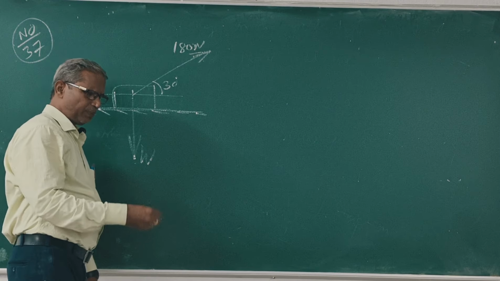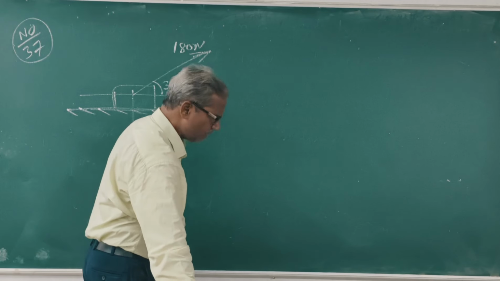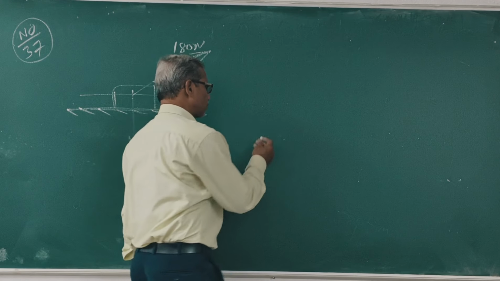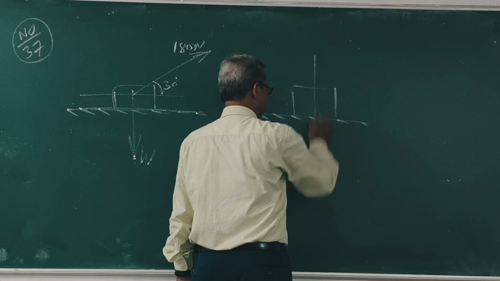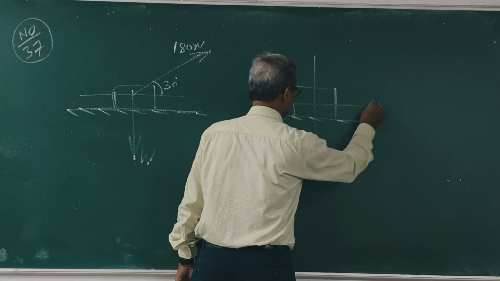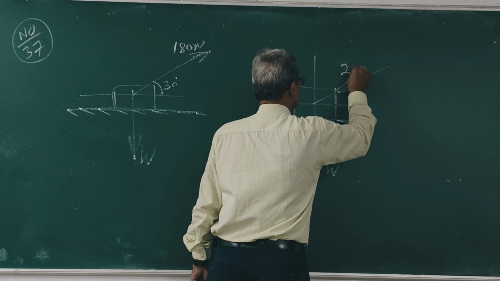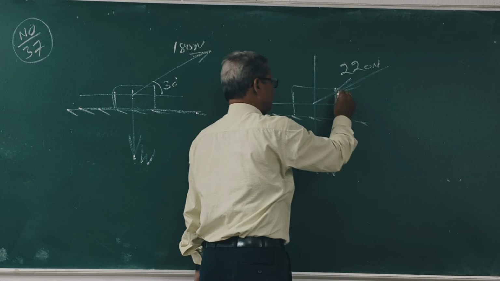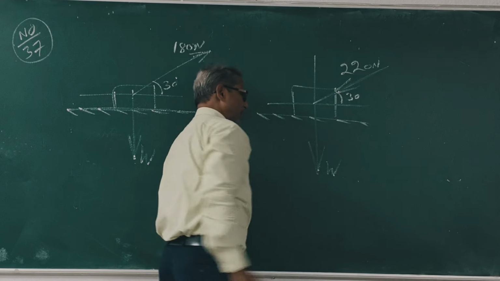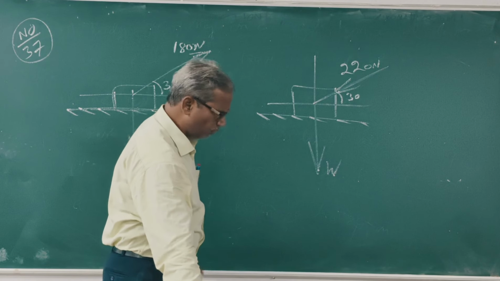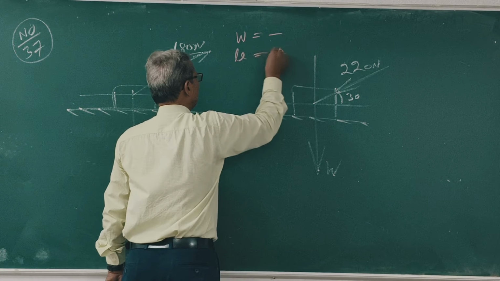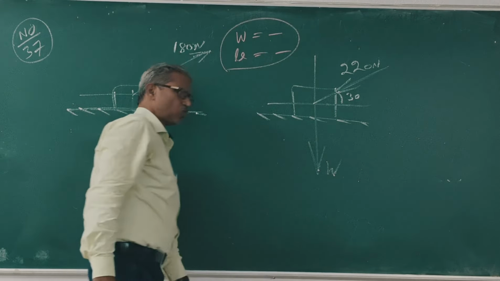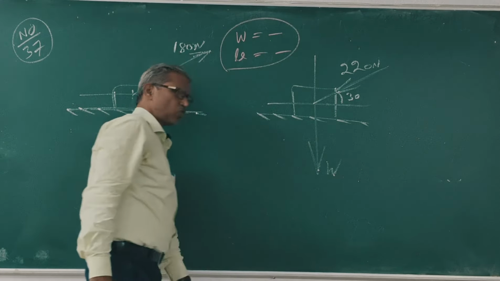If the push required is 230 Newton, this is the push, on the same body, with the same 30 degree angle. What is the weight of the body? What is weight W? What is mu? Mu means coefficient of friction. Clear?